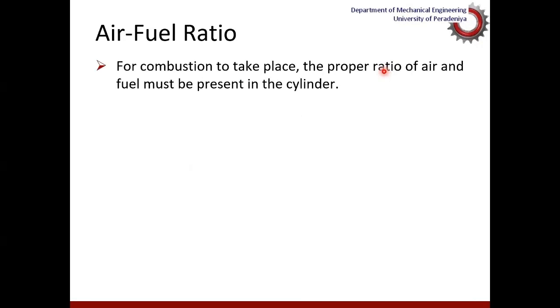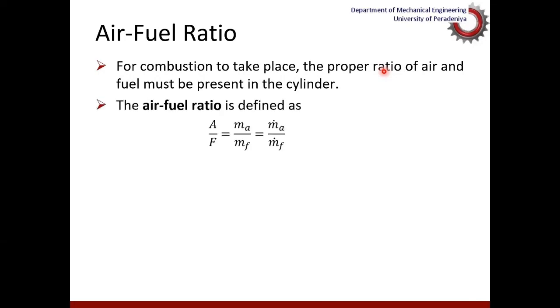Now, if you move on to air-fuel ratio, as you all know, air-fuel ratio is defined as the ratio between air and fuel. This MA is air induced per cycle, and MF is fuel introduced per cycle. As I said earlier, per cycle measurements are practically not very possible in real engines.